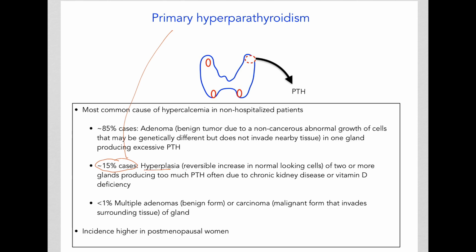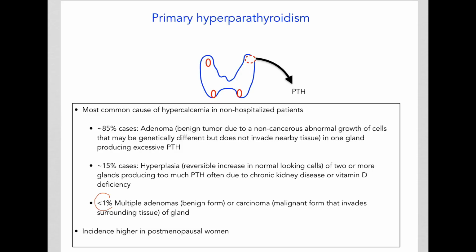This is the reversible increase in the number of normal-looking cells, and this hyperplasia occurs in two or more parathyroid glands. Because of this increased growth of cells, these glands produce excessive amounts of parathyroid hormone. And this is most often due to chronic kidney disease or to vitamin D deficiency.